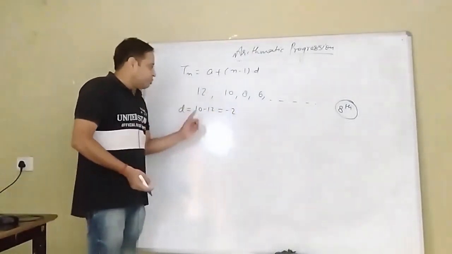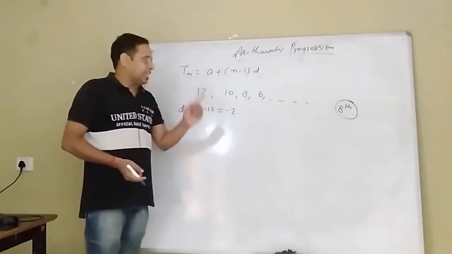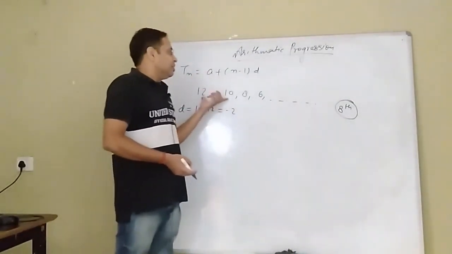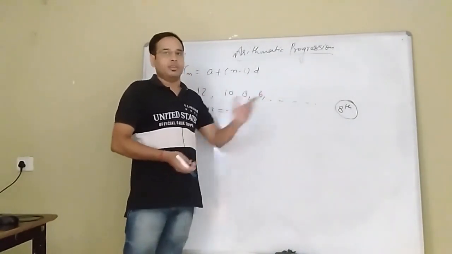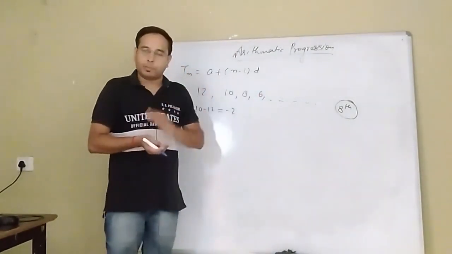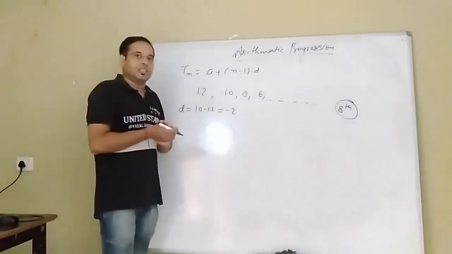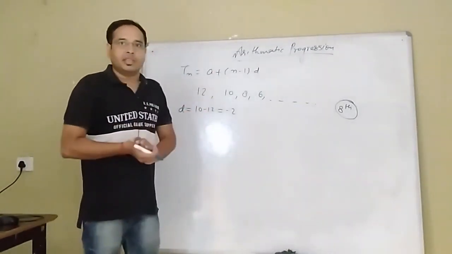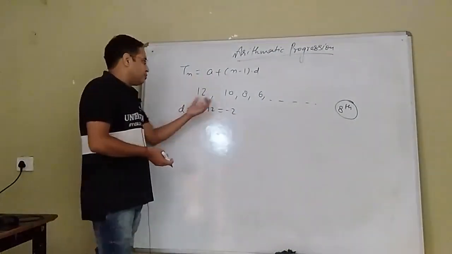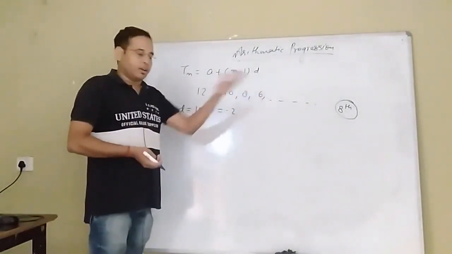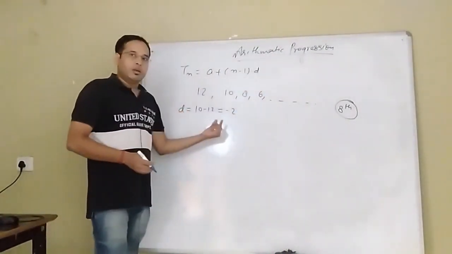Isn't it? Since the common difference is negative in this case, the series is in decreasing order. If the common difference is positive, then the series is in increasing order. But if the common difference is negative, it means that the series is in decreasing order. Therefore, it is a decreasing arithmetic progression where the common difference is minus 2.